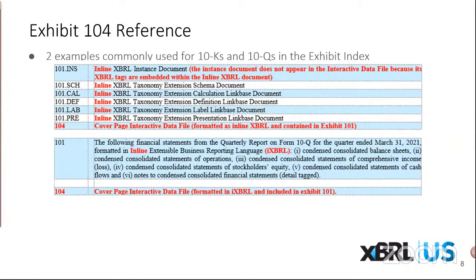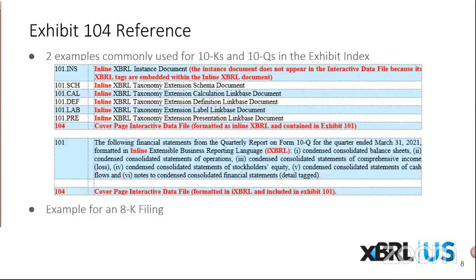Large accelerated and accelerated filers should have already updated their exhibit indexes for this information, but for the smaller reporting companies and foreign private issuers, you will need to make this change for your first inline Form 10-Q. Based on previous filings, I tend to see option 1 used more frequently, but both are acceptable.